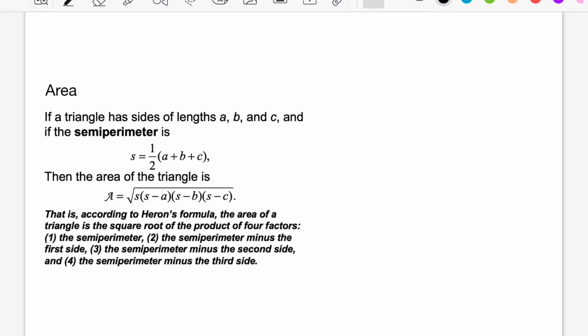Now the semi-perimeter is just half of the perimeter. So if we're given all three sides, we can find the semi-perimeter and then plug that in, as well as the lengths of our three sides, into this formula and find the area of our triangle.